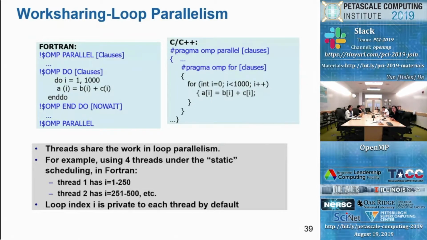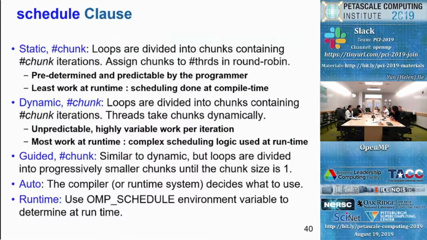Next slide, please. The loop index is already made private by default for you, because you don't want different threads to have a shared loop index. But for the next level index, you have to make sure to declare it as private yourself. So for schedule, when you're doing the parallel for loops, you have different ways.